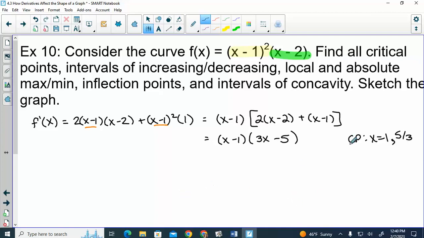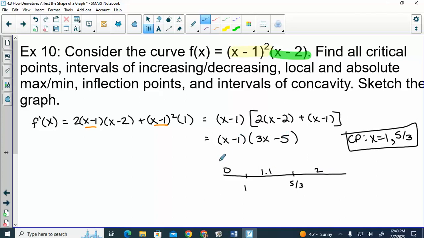All right, that's the first thing I asked. Increasing, decreasing. So that's when we make a sign line for this. So smaller than 1, in between, so maybe 1.1, and bigger. So if I plug in a 0, I get a negative times a negative, which is positive.